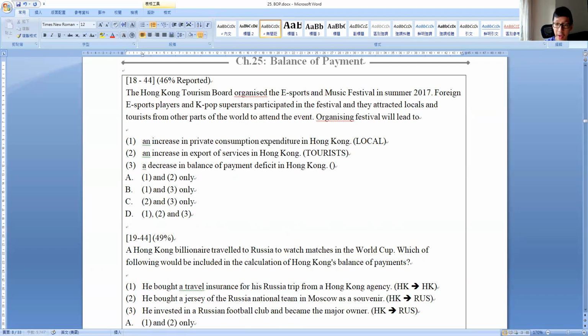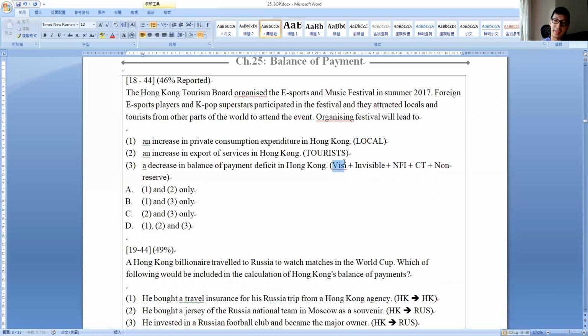Actually, remember, when we talk about balance of payment, we have quite a lot of components. For example, we have visible, then we have invisible, then NFI, then we have the current transfer, and finally we also have the KFA, the non-reserve asset, right? 係咪寫清楚先？Non-reserve.